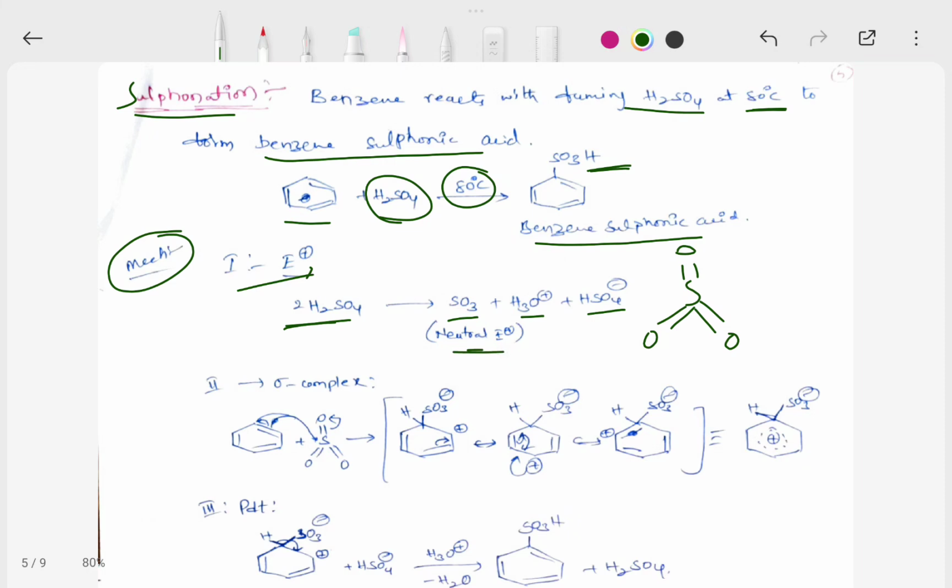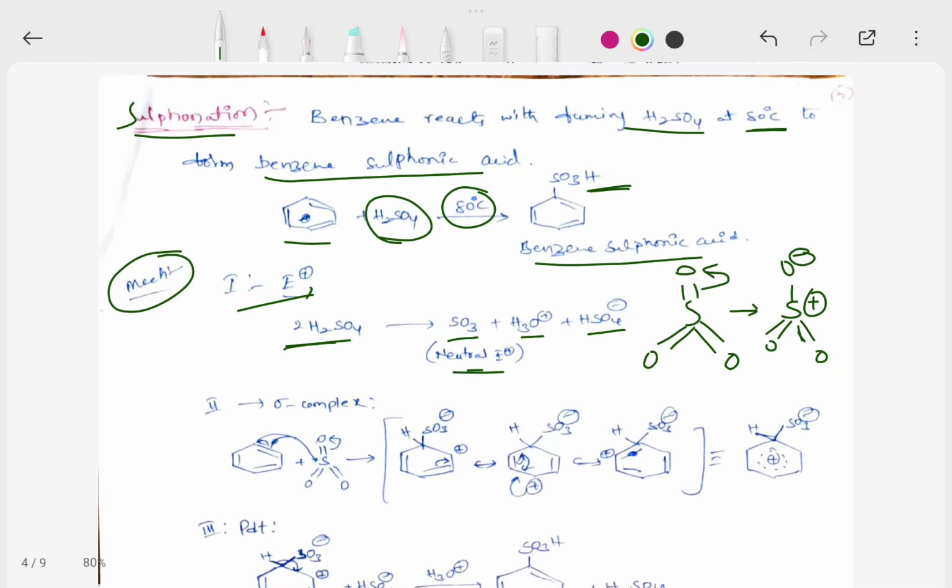In this sulfur trioxide, for example, sulfur has double bonds to O and double bond to O. This type of resonance structure is also possible. We can write, for example, this as one resonance structure.